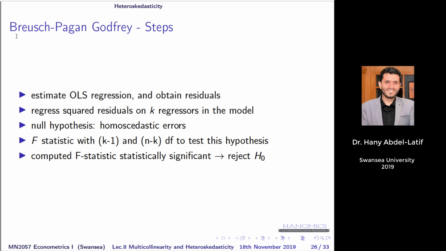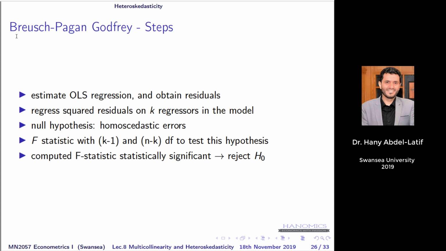And then what it does is regress the squared residuals on the regressors in your model. So let's say you have k regressors, k could be any number of regressors. You regress the squared residuals on those regressors, and your null hypothesis is homoskedastic errors, something we like.